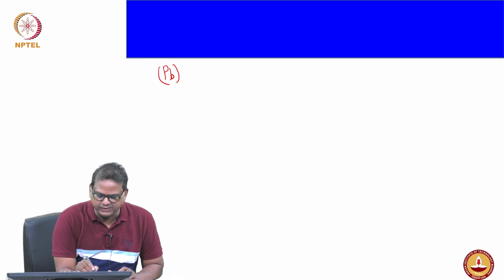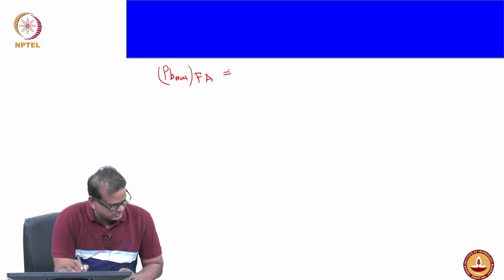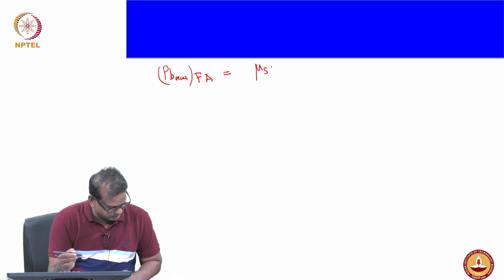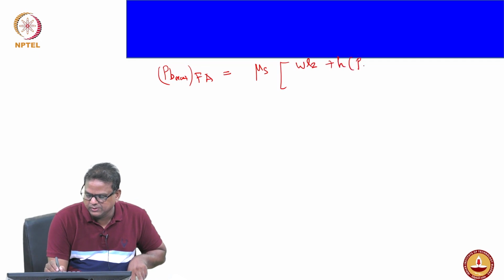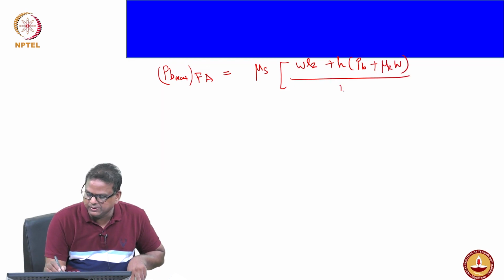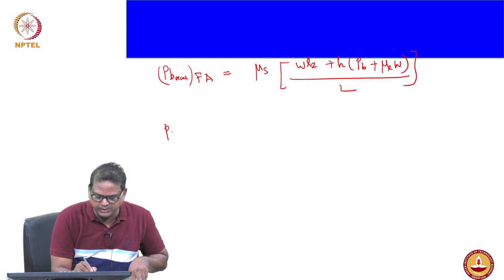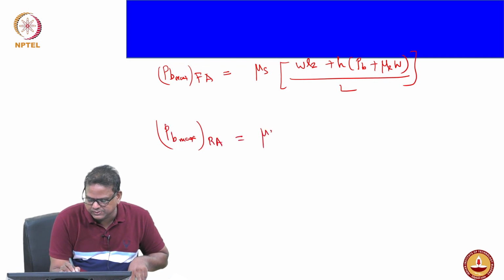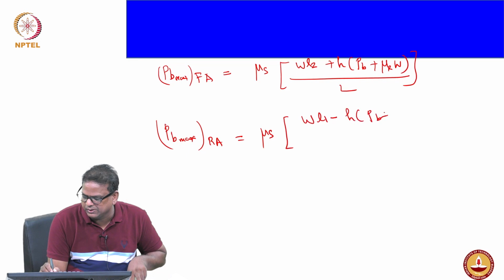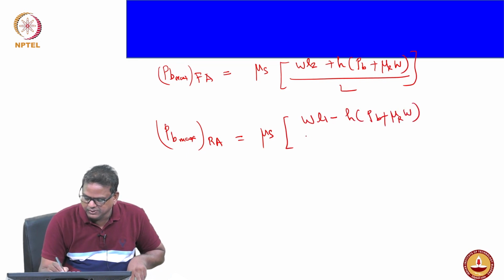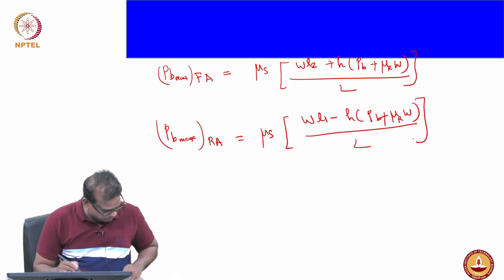PB max for the front axle is mu S (W L2 plus H PB mu R W) divided by L. Similarly, PB max for the rear axle is mu S (W L1 minus H PB mu R W) divided by L. So this is what we found.